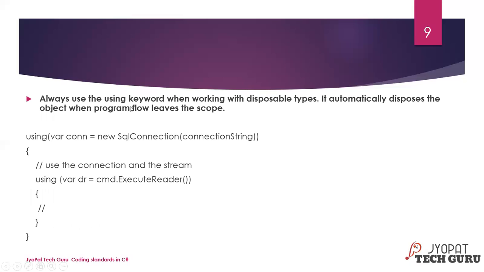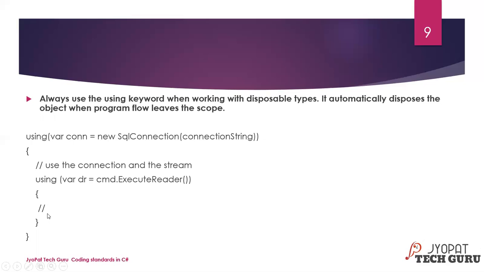Always use the using keyword when working with disposable types. It automatically disposes the object when program flow leaves the scope. You might have used the using clause to include namespaces as well as to include a block of code.